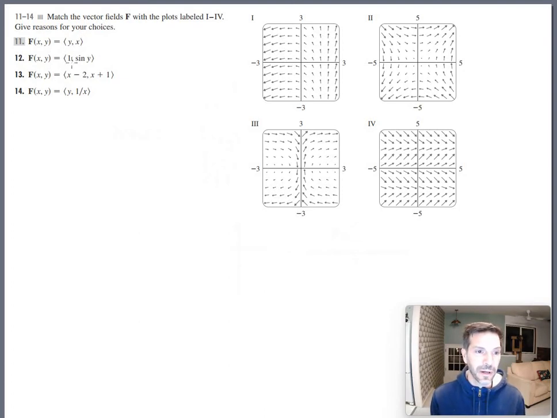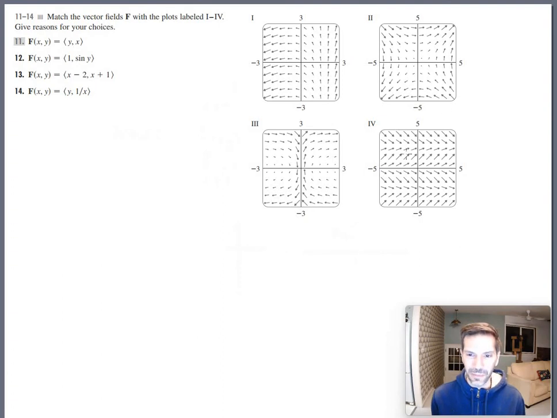Or for number 12, you can say, well, apparently for number 12, all of the x components are 1. So every single vector from its start goes over 1 and then goes up or down by an amount determined by sine. So you can see, are there any of these where they all seem to go over 1 and then up or down some?